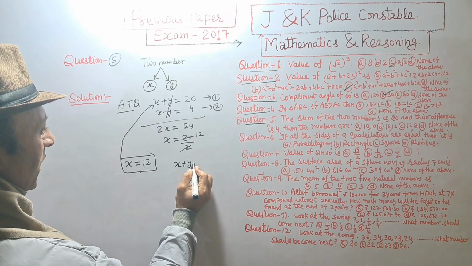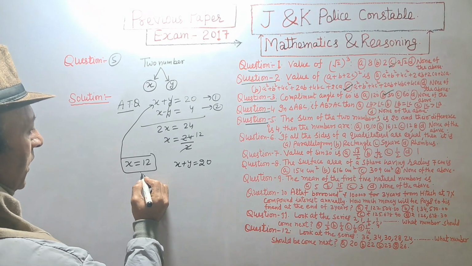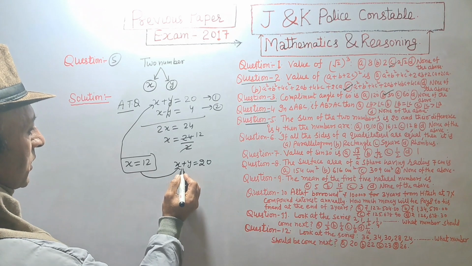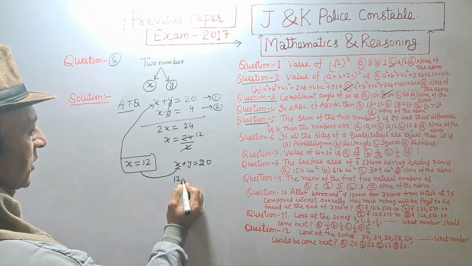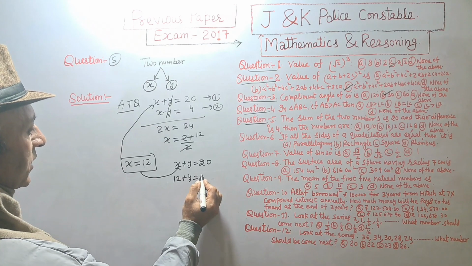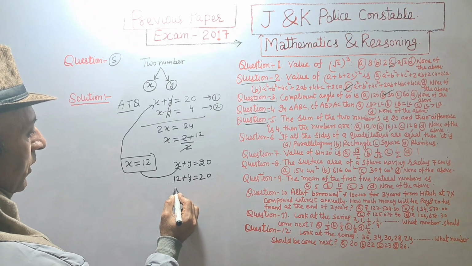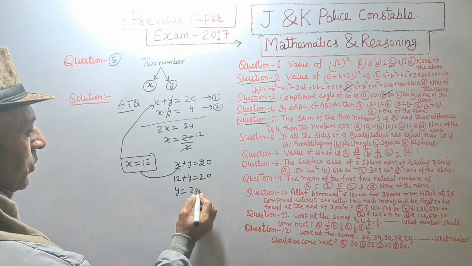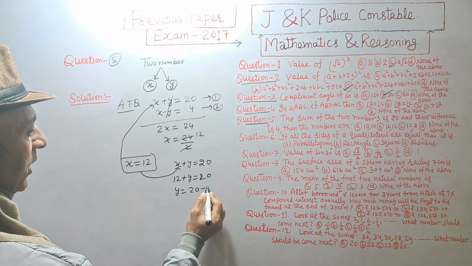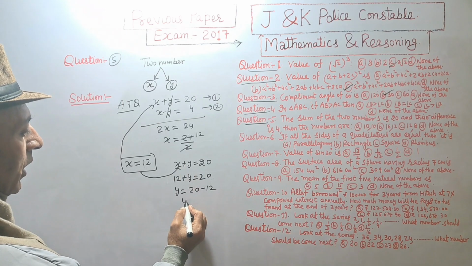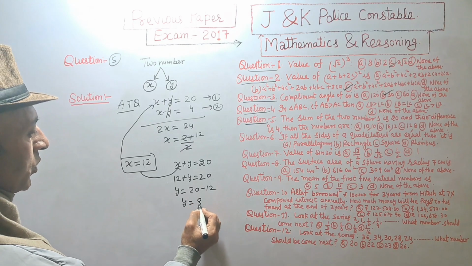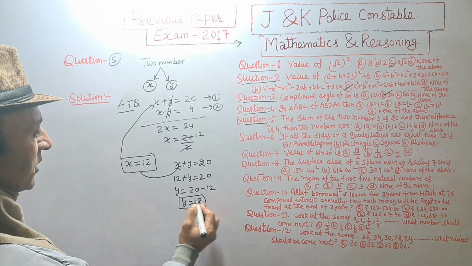X plus y is equal to 20, that is 12 plus y is equal to 20, shifting right side, that will be negative 12, and we get the value of y is equal to 20 minus 12, that is 8.